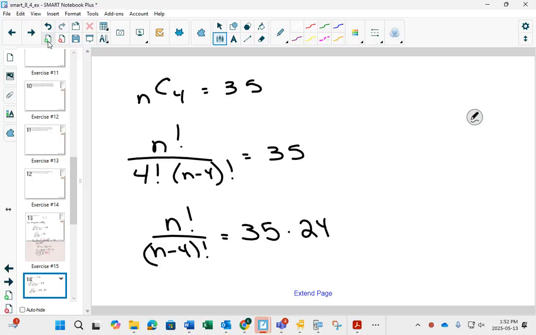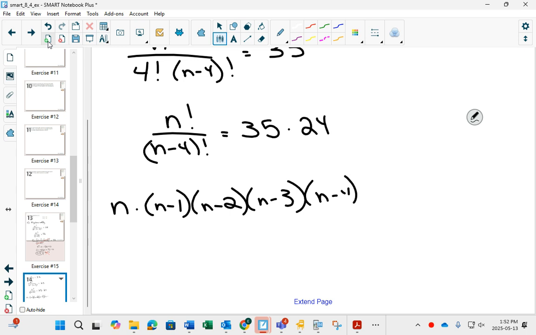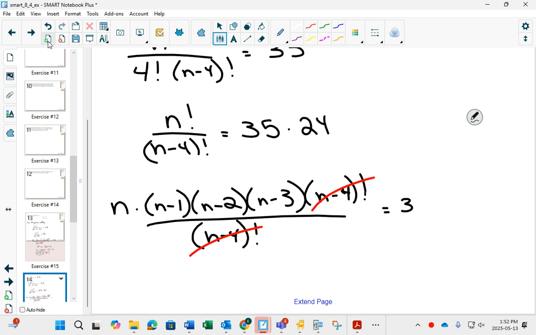So I'm starting by solving this algebraically, just like last time. I expand the bigger one, n. 1 less is n minus 1, 1 less is n minus 2, 1 less is n minus 3, 1 less is n minus 4. And then I'd be like, hey, that's what's on the bottom. So I can put the exclamation with that because it would keep going, but this will cancel out. And this is still equal to 35.